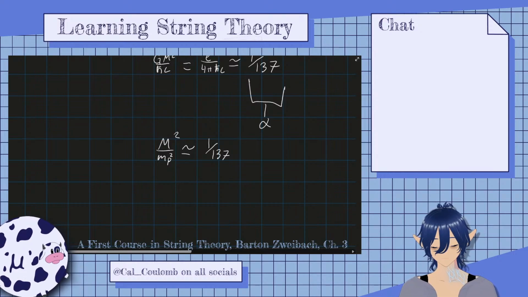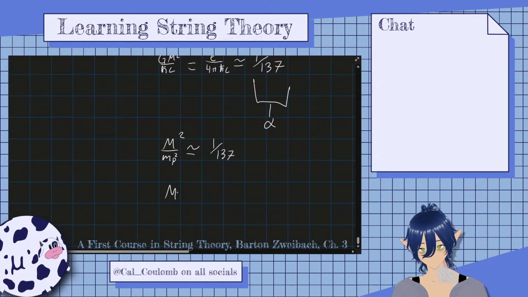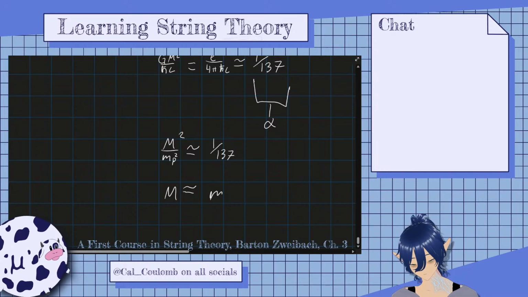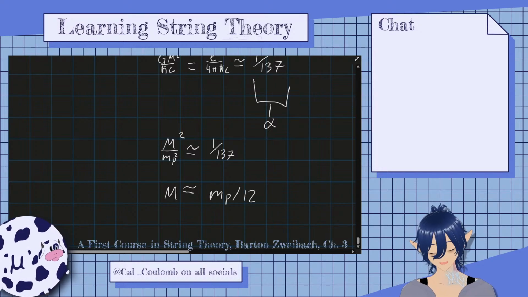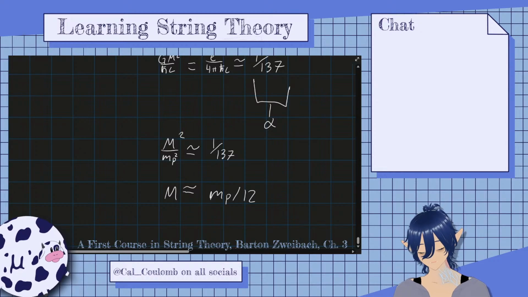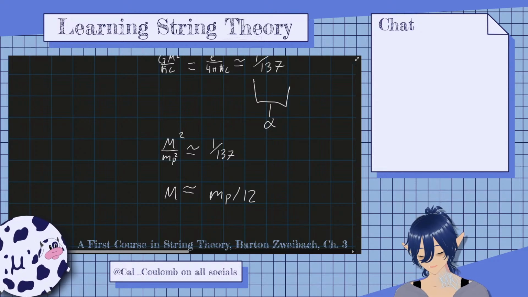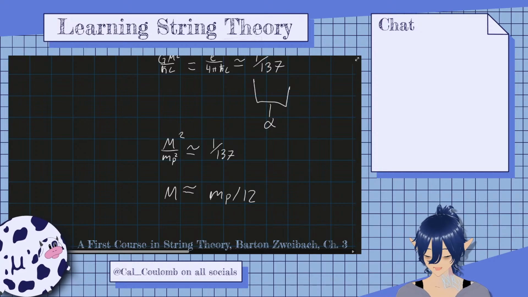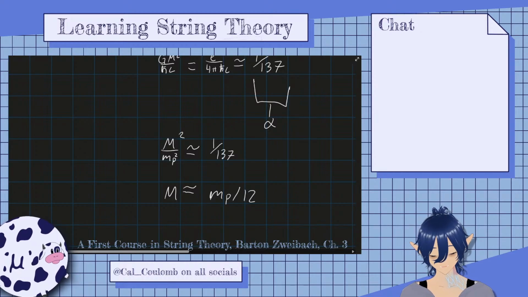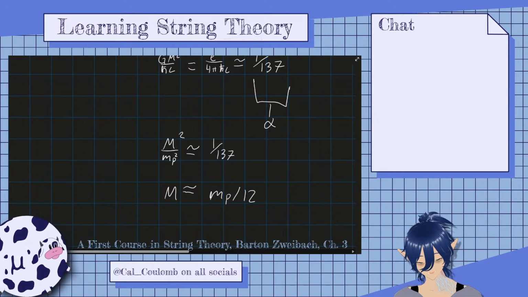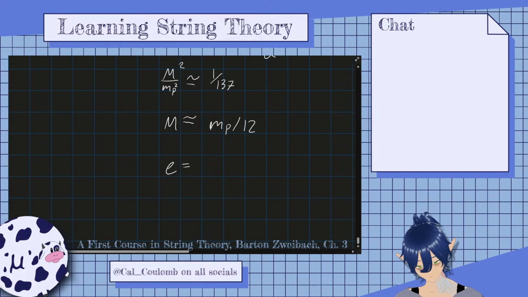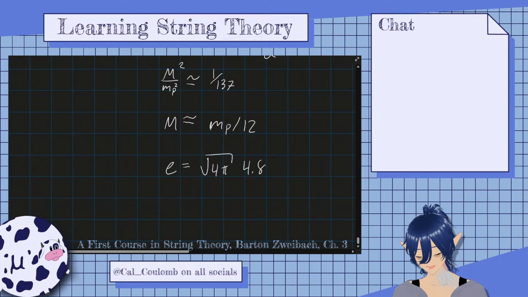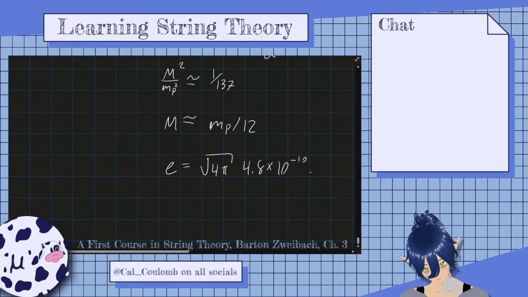We thus find that m is approximately 1/12 of the Planck mass, or about 1/10, I guess is what they're saying, of the Planck mass. The dimensionless ratio e squared over 4 pi h bar c is called the fine structure constant. It is evaluated above using the Heaviside-Lorentz definition of the electric charge, where e is equal to the square root of 4 pi times 4.8 times 10 to the negative 10 ESU.